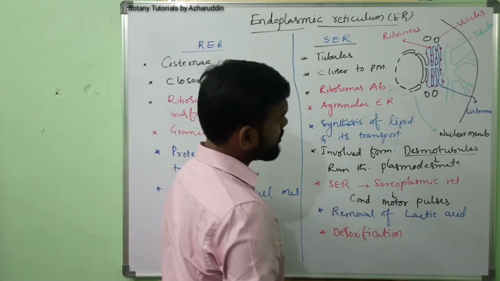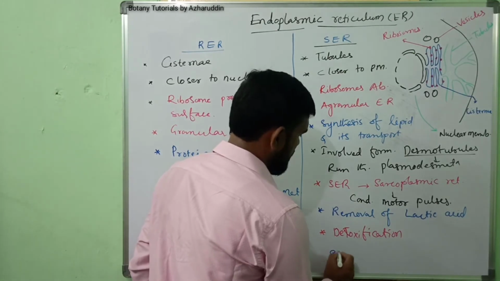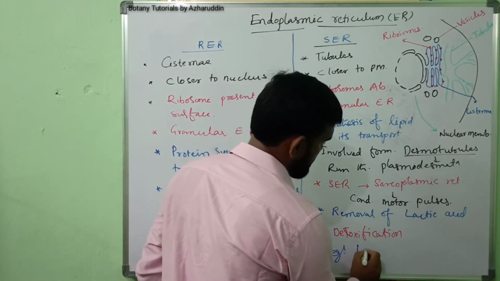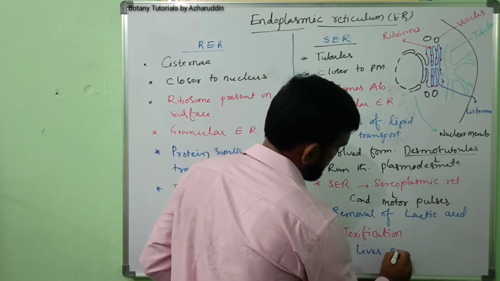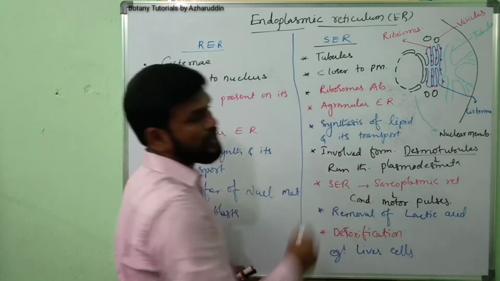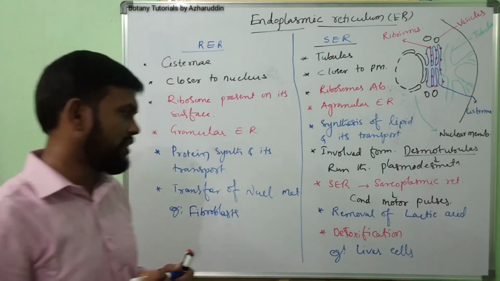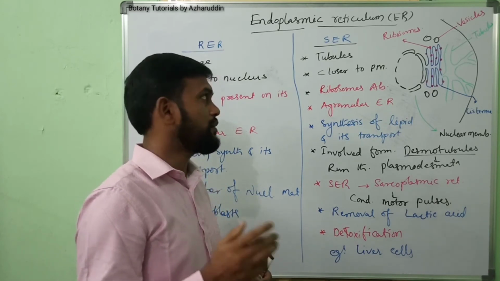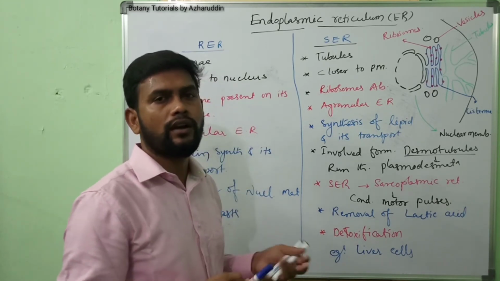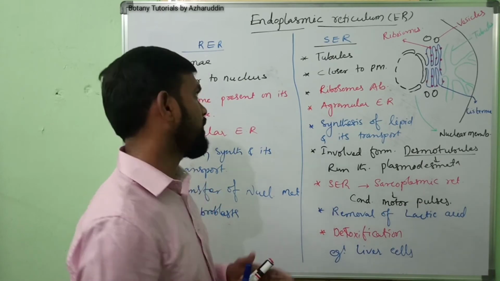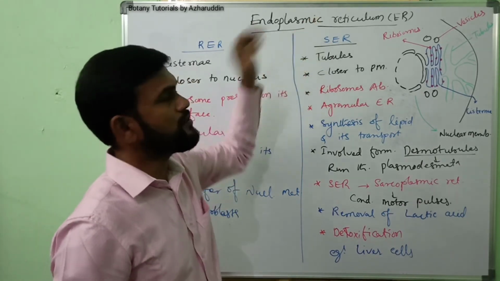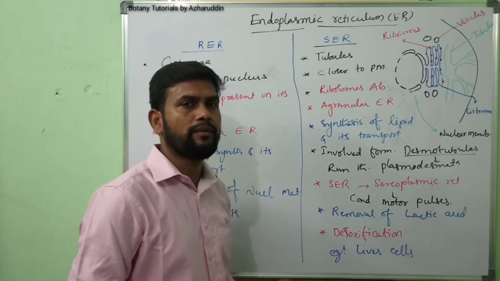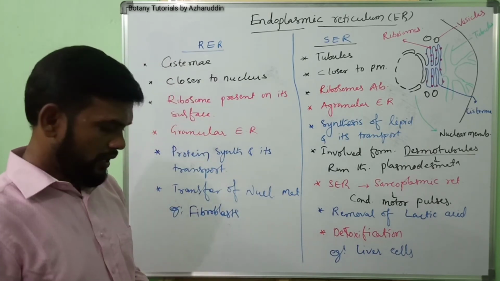Smooth is found mainly in liver cells. Smooth endoplasmic reticulum is also involved in glycogenolysis, that means breakdown of glycogen or formation of glycogen. In that metabolism, smooth endoplasmic reticulum is involved.